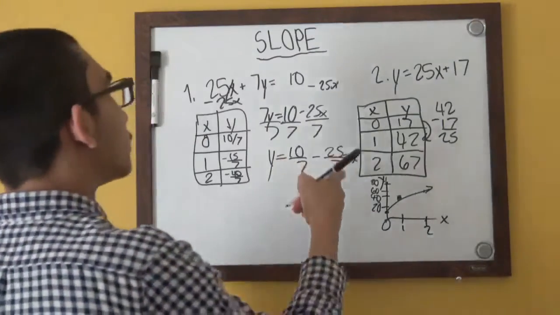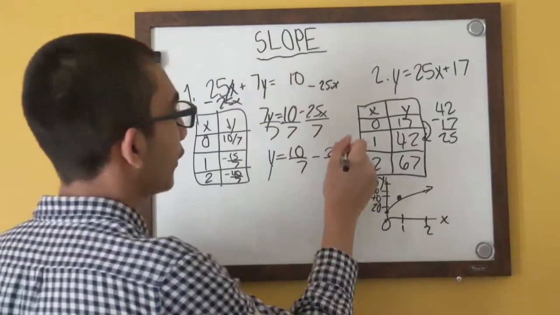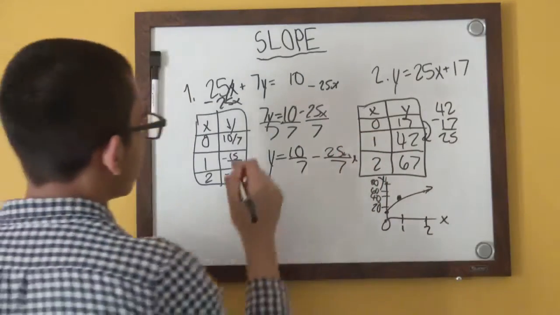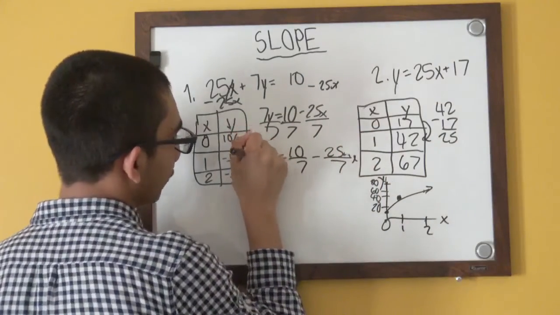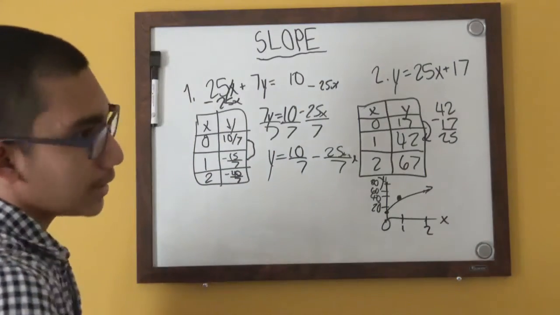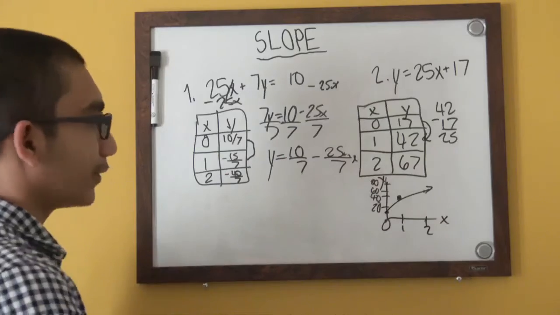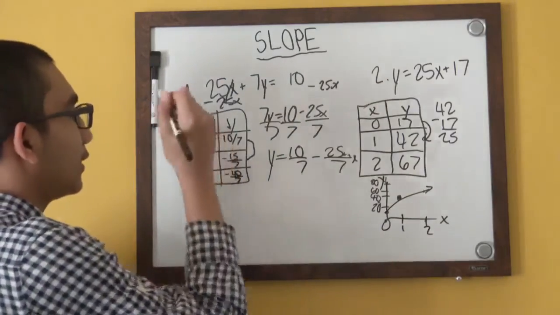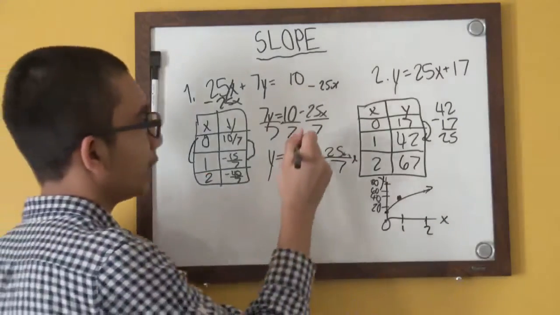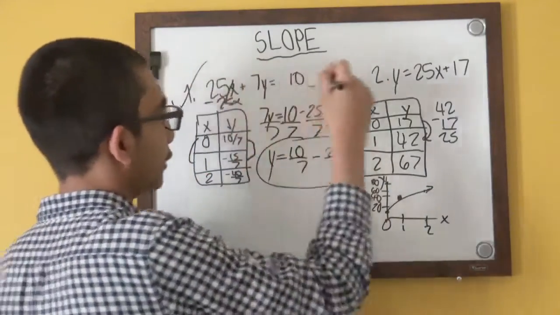For this one, our slope was negative 25 over 7. So from 10 over 7 to negative 15 over 7, we know that's negative 25 over 7 and 1. So we know that we have our slope right and our equation is right. So these two questions are correct.